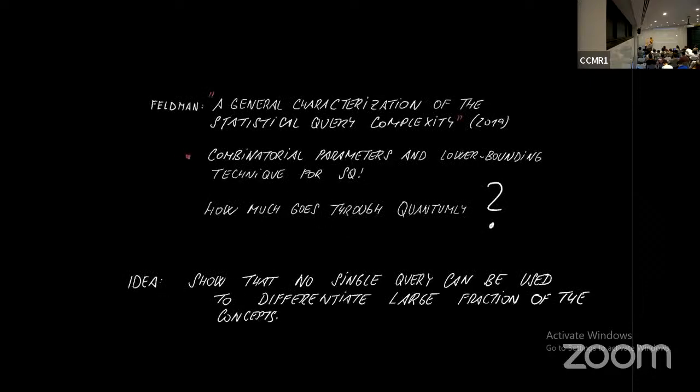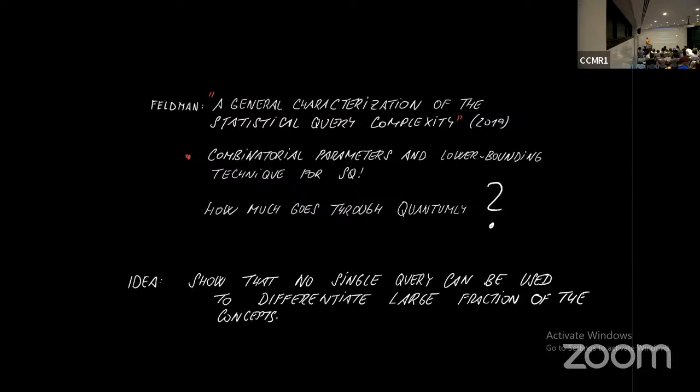So here, there is a beautiful line of work on the classical side about proving lower bounds on statistical query complexity by Feldman. Basically the last paper on this is the general characterization of the statistical query complexity.